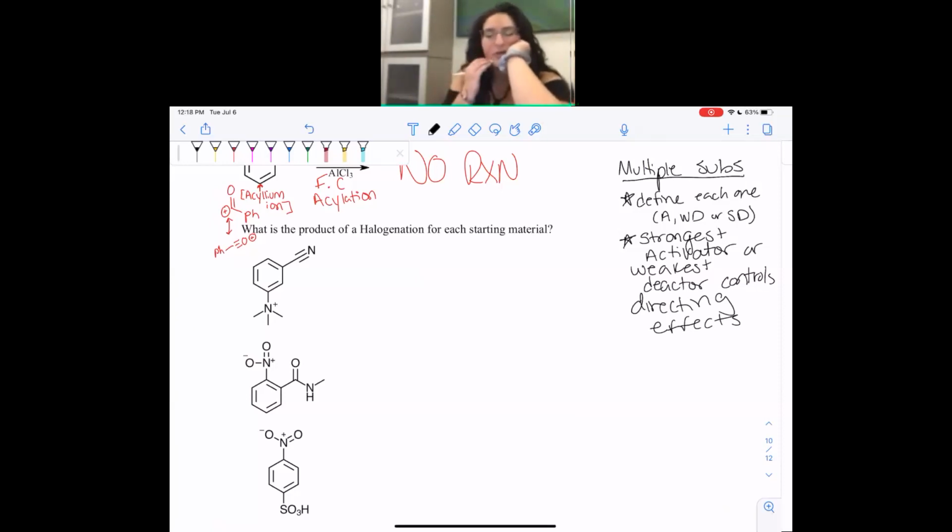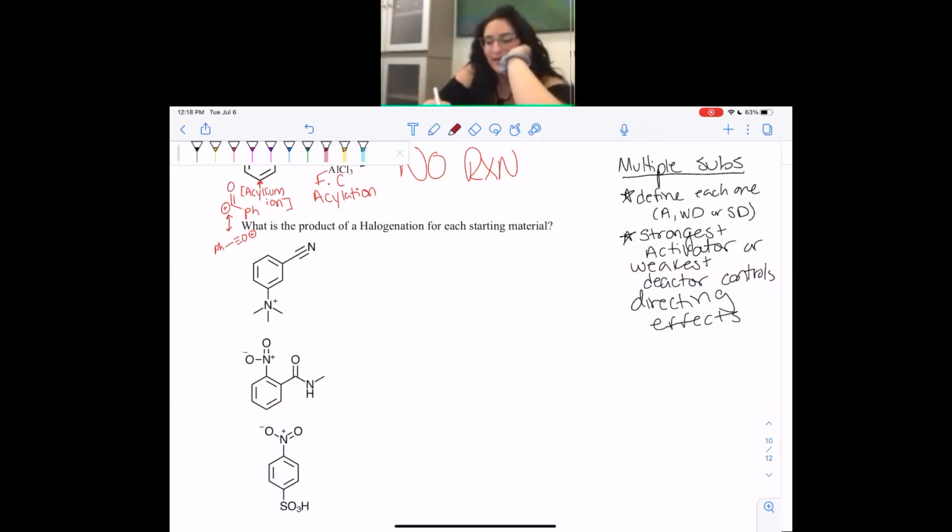So let's see what in the world I mean by that. For this first guy, we have two substituents, and I'll actually do them in two different colors. The blue substituent, how would we define that? Is it an activator, strong deactivator, weak deactivator? Strong deactivator, absolutely. What about the yellow one?